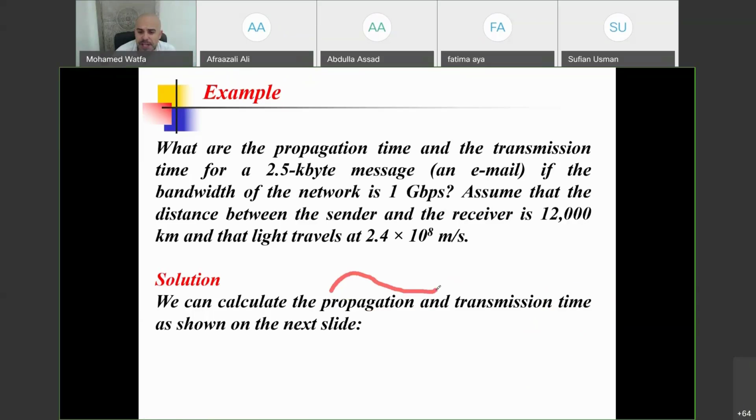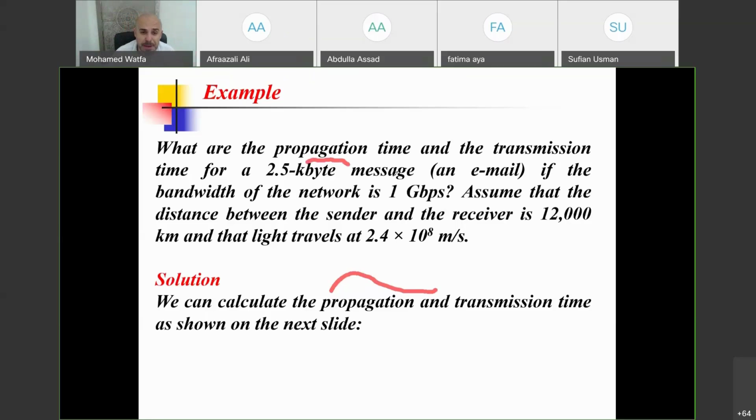Let's start with propagation time. We already did the propagation time. So what are the propagation time and transmission time for a 2.5 kilobyte? Remember, it's a byte. A byte's how many bits? Kilobyte. Thank you. So 8, of course. We have to make sure we convert the byte to bits before we do anything.